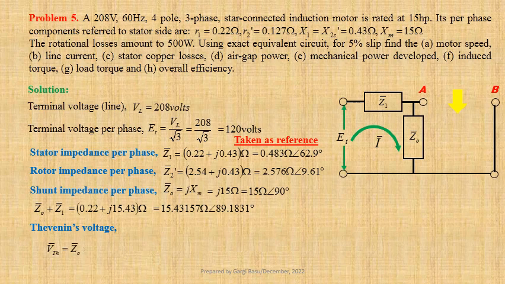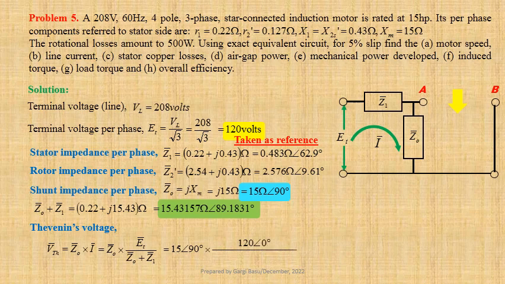Vth equals Z0 into I, that is equal to Z0 into Et divided by Z0 plus Z1. Using values we get 15 at an angle 90 degree into 120 at an angle 0 degree divided by 15.43157 at an angle 89.1831 degree.